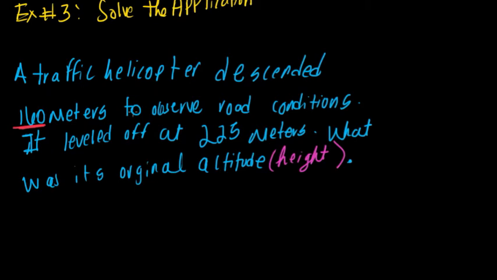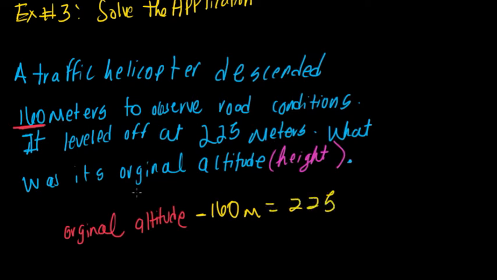If the traffic helicopter descended 160 meters, that means we're going to have its original altitude minus 160, because we went down 160 meters. So it descended 160 meters to get to the height of 225. So this means that the original altitude minus 160 meters will give me 225.